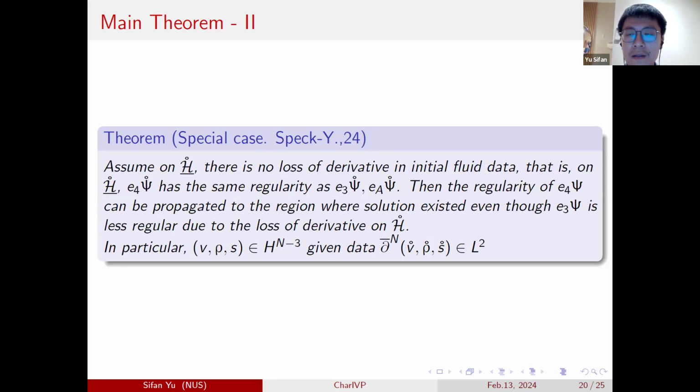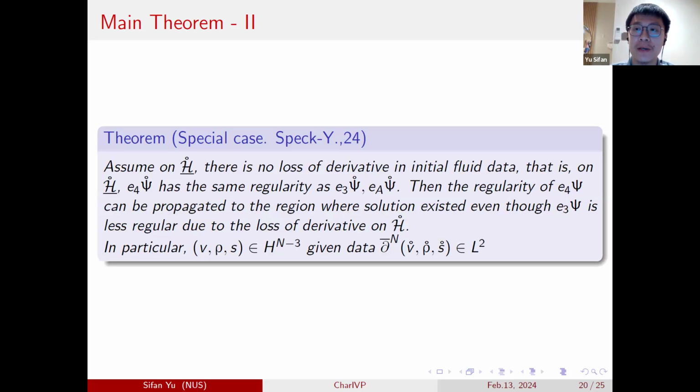That loss of regularity is just caused by maybe a bad construction of the initial data, or by the nature of the construction of the initial data. So we consider a special case. Assume on H bar there is no loss of derivative in the initial fluid data.